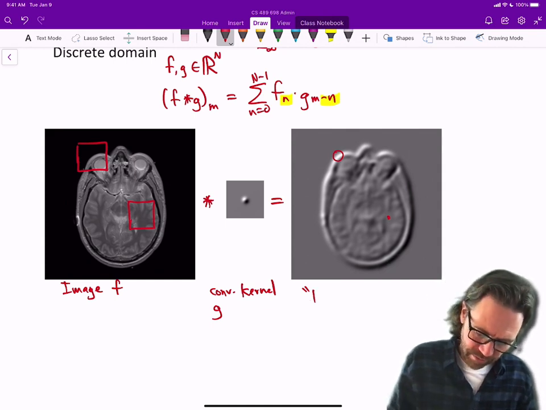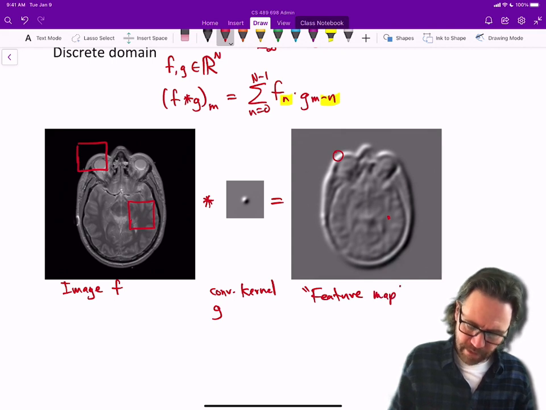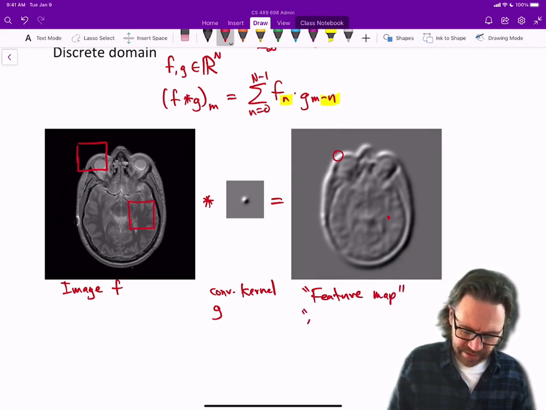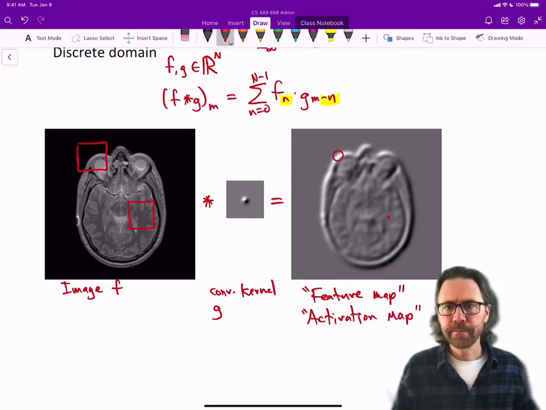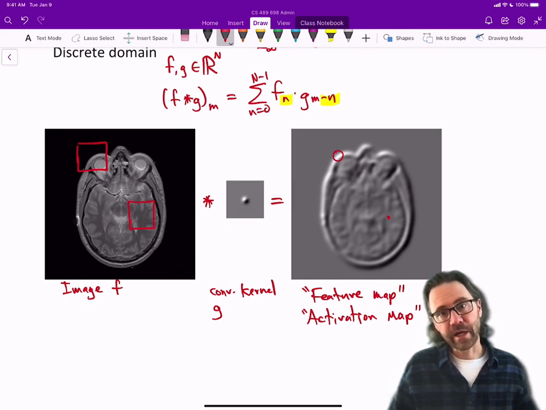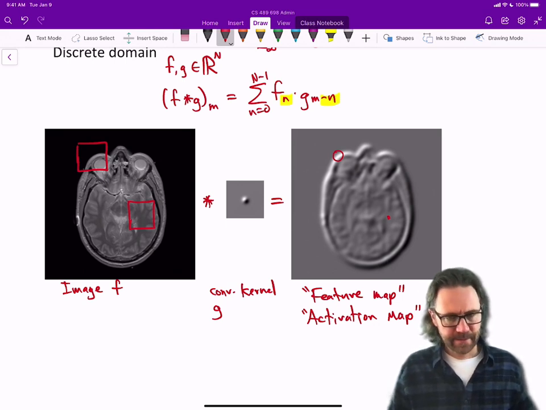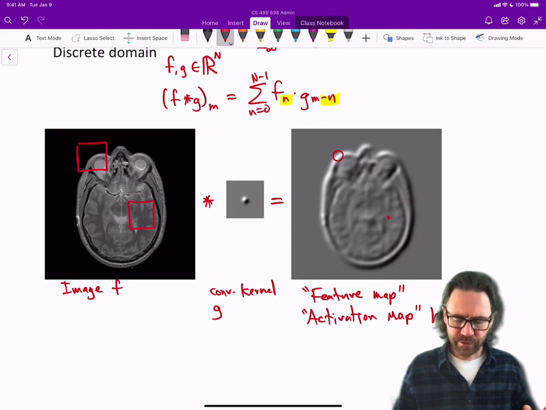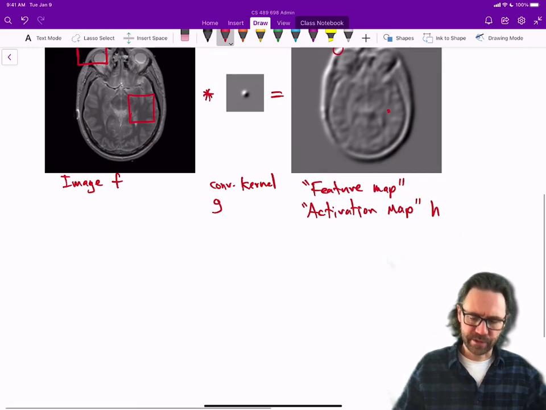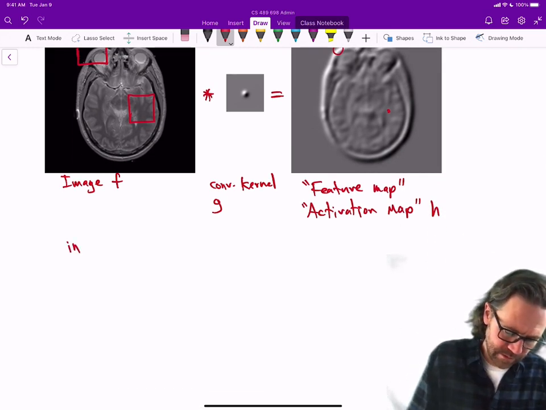So what we get over here, we call a feature map, or it's sometimes called an activation map. And I guess we can call it H. Okay, so in 2D, convolution looks like this.